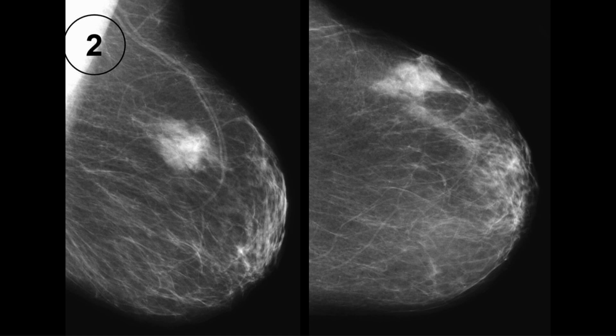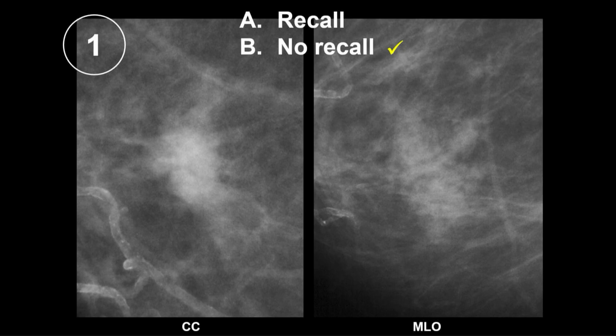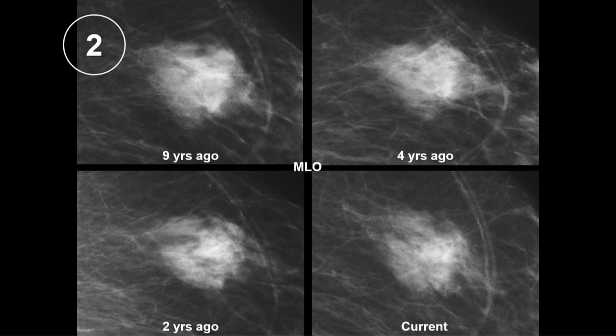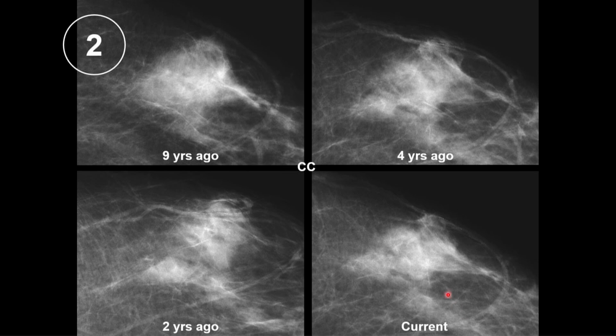So this is a focal asymmetry, right? Well, we've got priors. This is the current one. Here are the MLOs. We've got a 2-year ago, a 4-year ago, and a 9-year ago. We've got priors on the CC also. Here's the current.